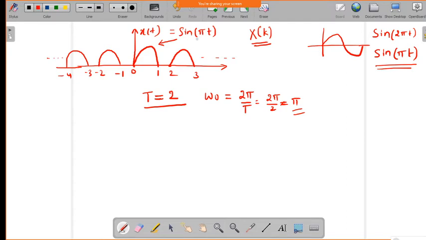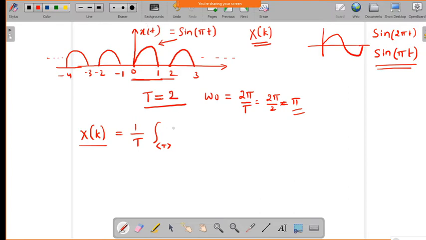So now put this value and find out what is x of k. You know x of k is equal to 1 over T, integrating from minus T by 2 to plus T by 2, or minus T to plus T. Or you can take one period, that is 0 to 2, because the period is from 0 to 2, but the value given by sine pi t is only from 0 to 1.